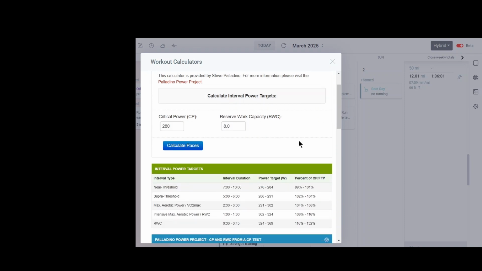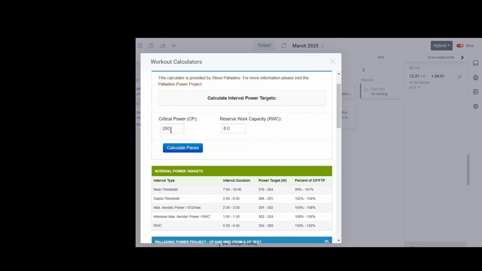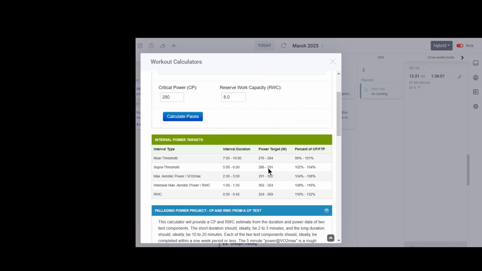Click that, and here are the targets, the target range that's individualized for that individual with that critical power and that reserve work capacity. And so going back to max aerobic power intervals, it's recommending 291 to 302. The width here is 4%, which is fine.